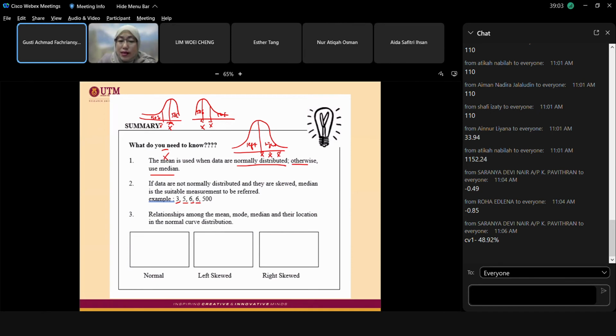Oh, I see. Okay, Gusti, what do you think about this data set? Is it going to be normal or is it going to be skewed? What do you think? I think cute. Why did you say that?